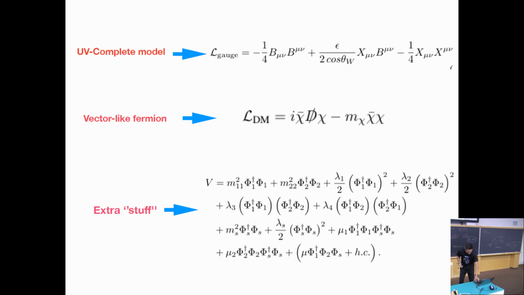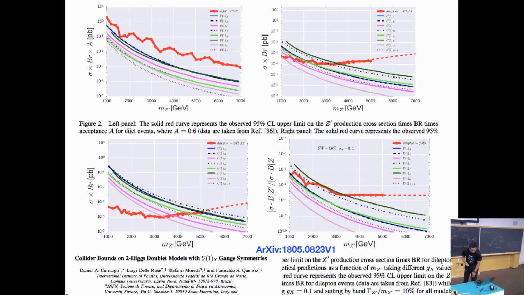So, for example, something that is important here is that each one of those gauge extensions has a different behavior. Here, for example, are the constraints coming from the last CMS and ATLAS searches for heavy vector bosons. We can see that some models are ruled out for some masses.